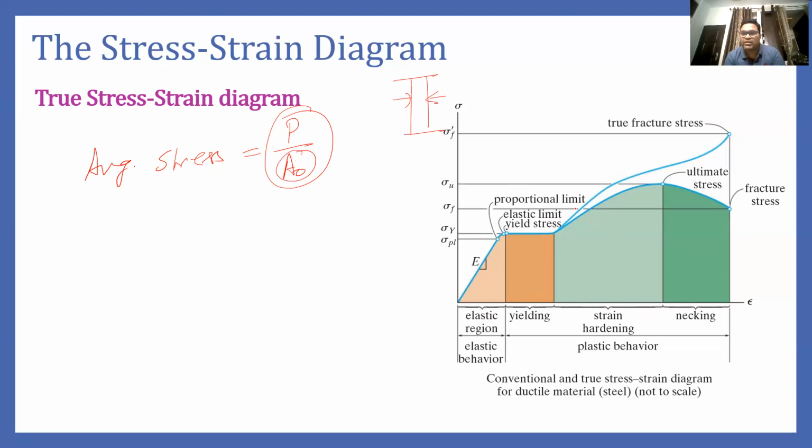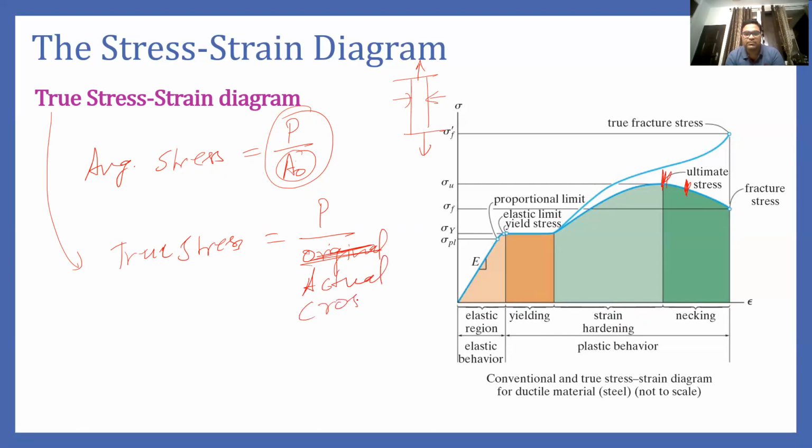But actually, as you can see at this stage, the area of cross-section decreases as load is applied. So in the case of true stress, we find the stress by dividing the force by the actual cross-sectional area at that time of loading.